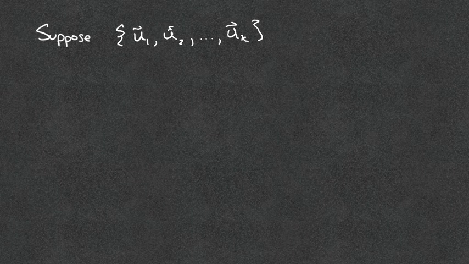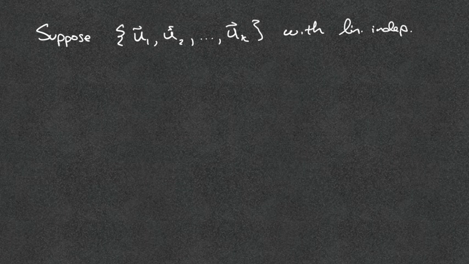So to begin to answer this question, let's just suppose that we are given a set of vectors, say u1, u2, all the way up to u sub k, and at least let's suppose that those vectors are linearly independent.